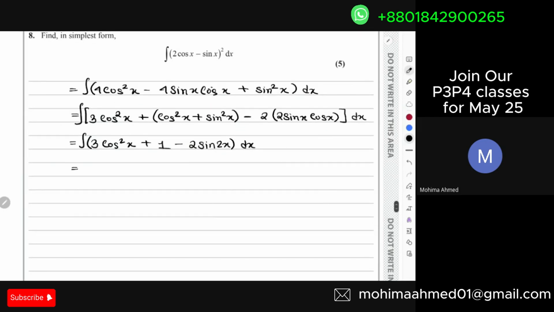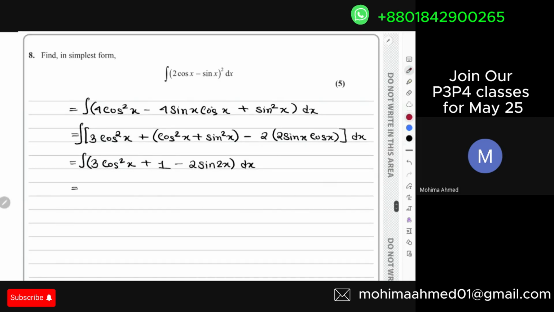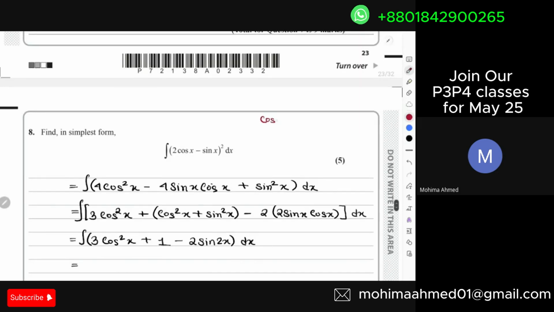And again, after this, we have 3 cos square x to work with, right? I can break down cos square x using the cos 2x value. If you remember the equation we used in the previous part also, cos 2x is 2 cos square x minus 1, right? So if I want to express this as cos square x, I can express this as cos 2x plus 1 divided by 2.